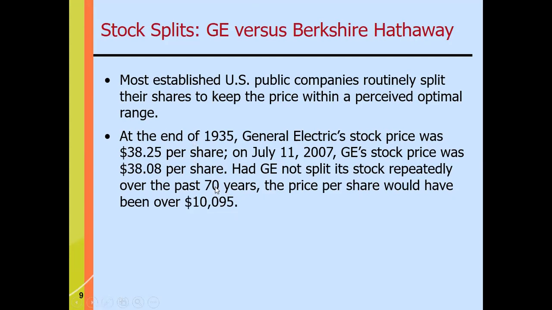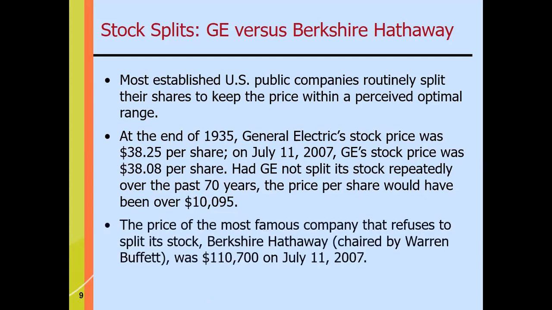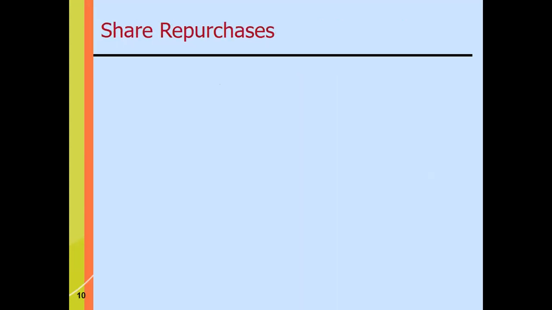Then in 2007, this amount. So had GE not split its stock repeatedly over the past 70 years, the price per share would have to be very big. So this is the impact of a split. It decreases the value of shares. Then the price of the most famous company that refuses to split is expected to be very big, $110,700 per share. Oh my, who can afford that?